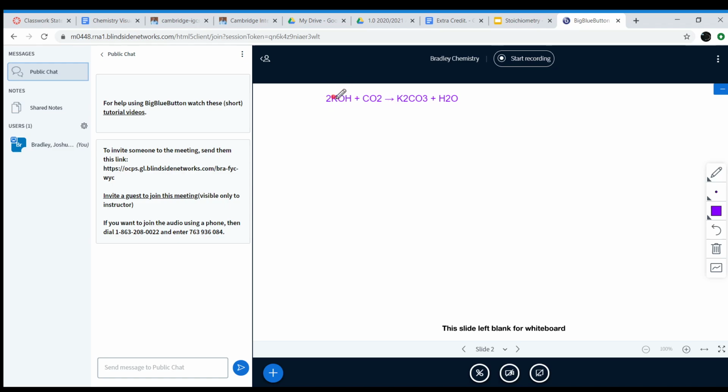It looks like we have 2 Ks. We have 2 oxygens, and we have 2 over here, so we have a total of 4 oxygens on the left, and we have 4 oxygens on the right. We have 2 hydrogens, and we have 2 hydrogens on the right. So it's already balanced for us, which is great. Now we can go ahead and move on to our next step.